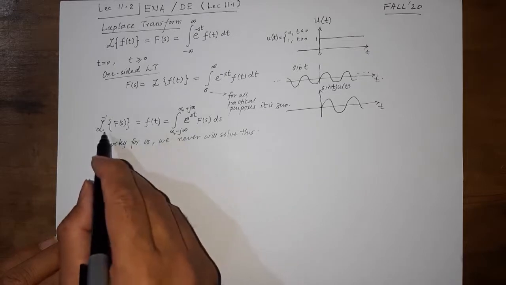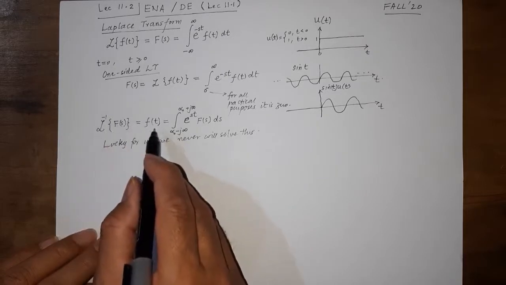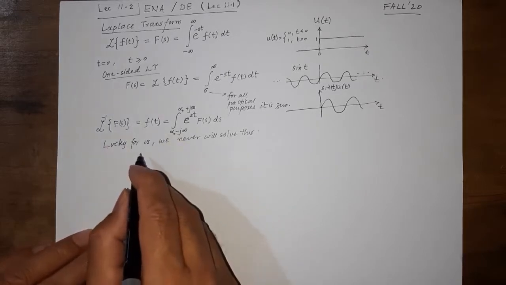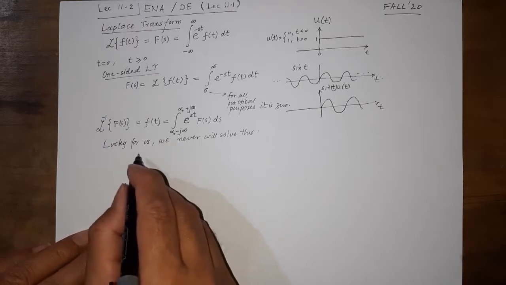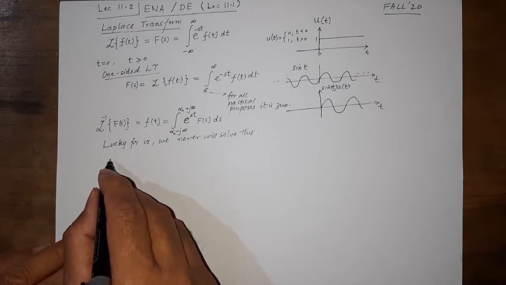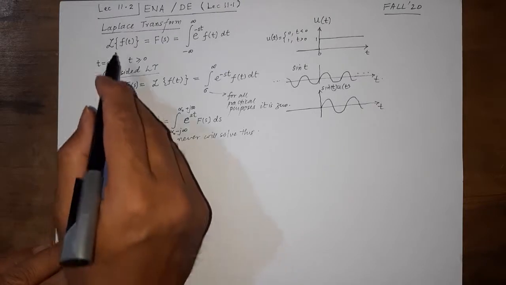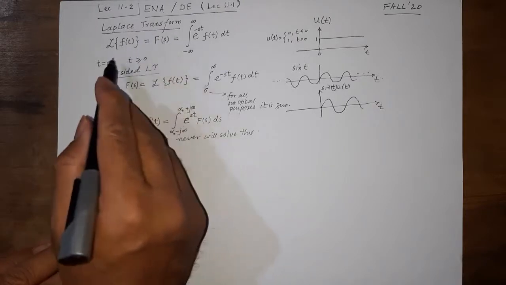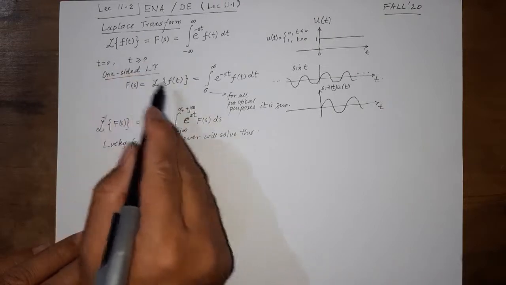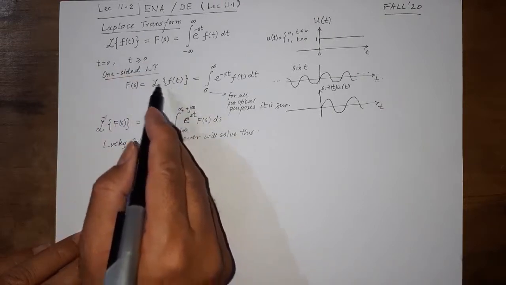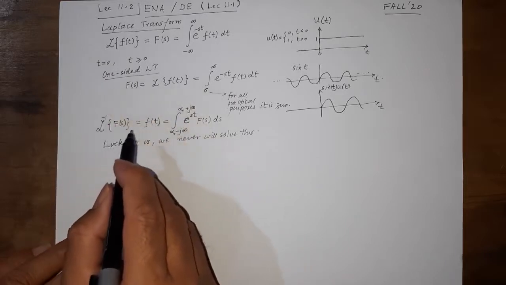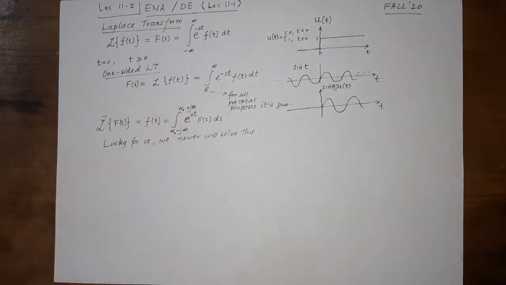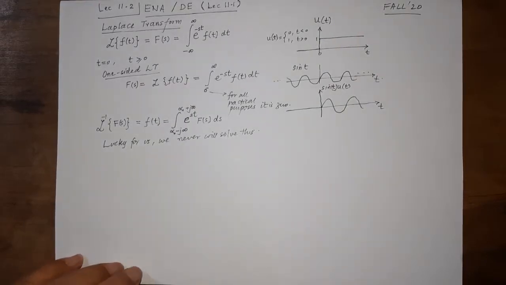So how would this inverse transform work? We are going to use tables. We will construct tables where we are going to know that this function has this transform, this function has this transform, coming back from the Laplace transform to the time domain function. We are going to do that by inspecting tables and using already found results.